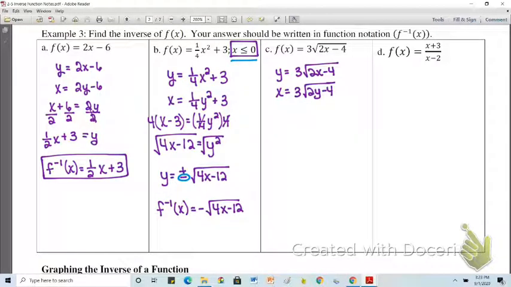So first thing I'm going to do is divide both sides by 3. And to undo a square root, I need to square both sides. And when I square a fraction, I need to square both the top and the bottom. So I get x squared over 9 equals 2y minus 4. So I'm going to add 4 to both sides.